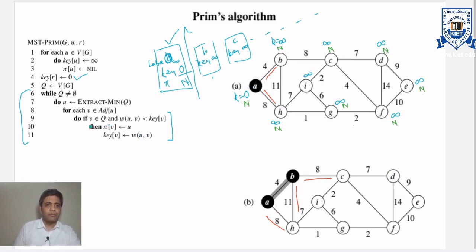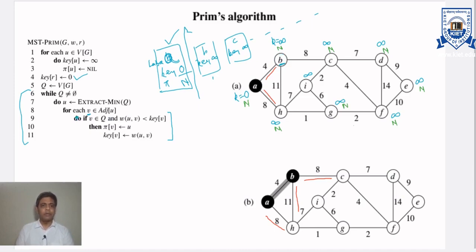So now, V belongs to Q, what does it mean? V is an adjacent node. If we pick B as V, then we have to check whether B is inside the priority queue or outside the priority queue. If it is outside, it is already selected. If it is inside, it is not already selected. It could be a candidate, but it is not selected yet.